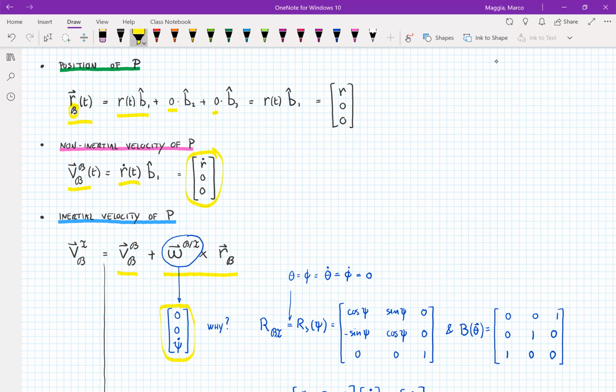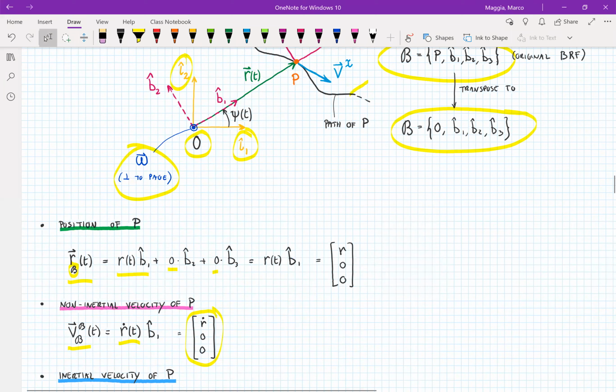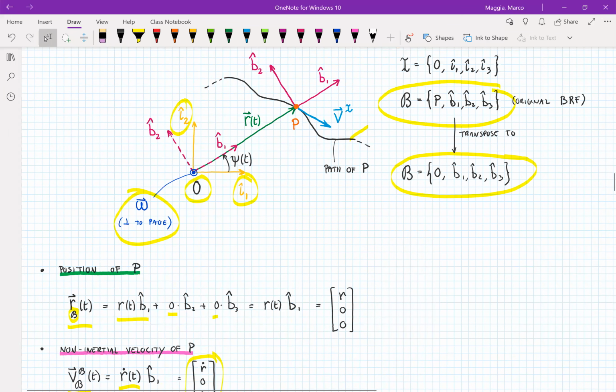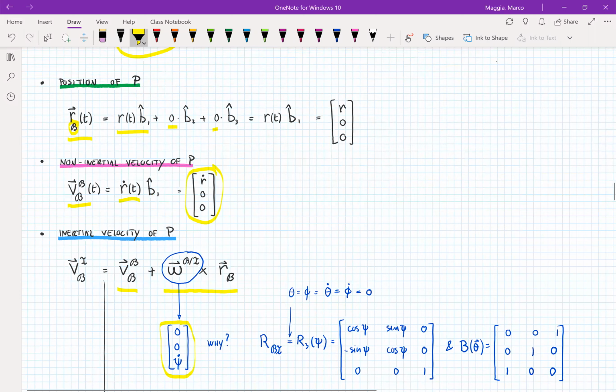So let's see, how many rotations do we need to perform to go from the inertial frame of reference to the body frame of reference? Well, there's just one rotation about the z-axis, counterclockwise, so the angle is positive. So it's just one elementary rotation about the z-axis.